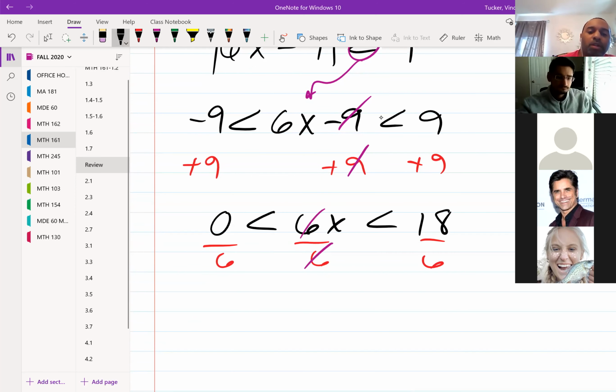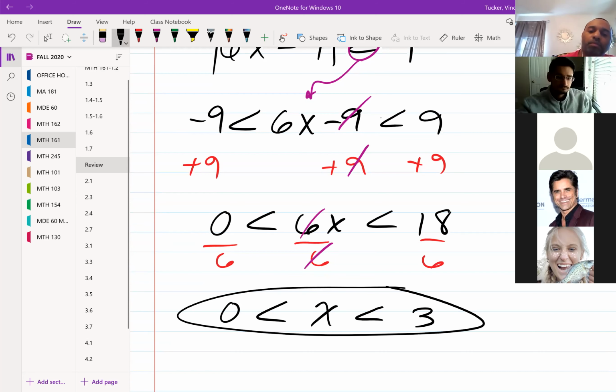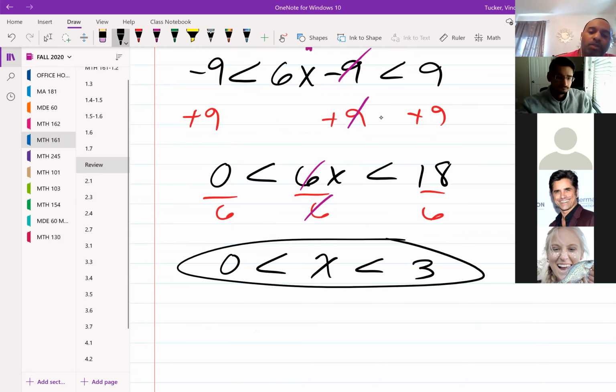Cancel. 0, x, 3. So we want the values that are greater than 0 and less than 3. And then interval notation, going from 0 to 3.